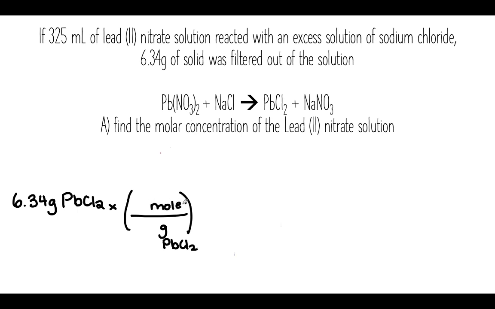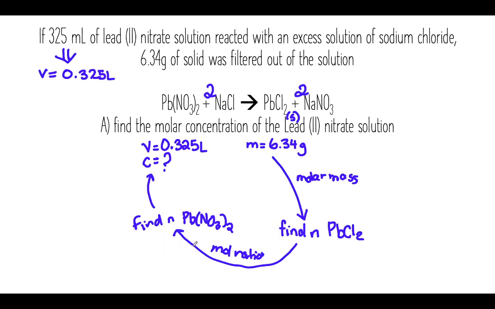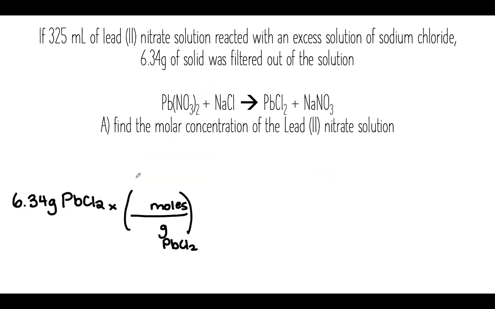Why do I need moles? If I take a look at this mapped out step, I cannot use the mole ratio until I find the moles. The mole ratio is what makes stoichiometry a stoichiometry question, right? We use the mole ratio so that we can find missing pieces of information like the concentration of Pb(NO3)2. So for every 1 mole of PbCl2, I have 278.1 grams of PbCl2.